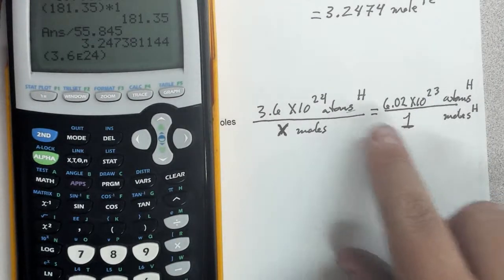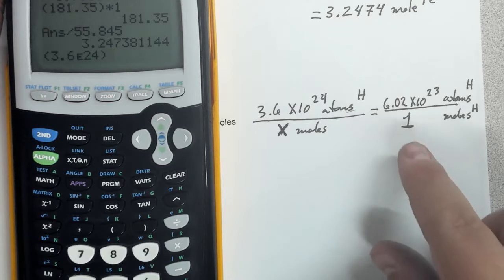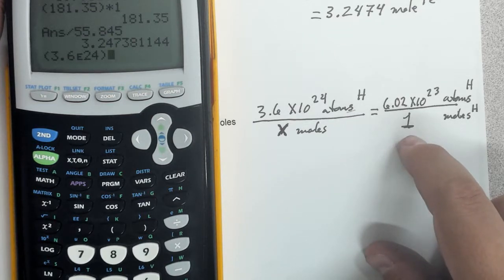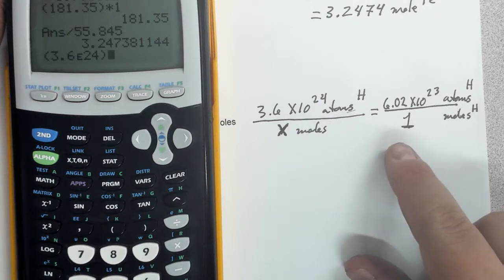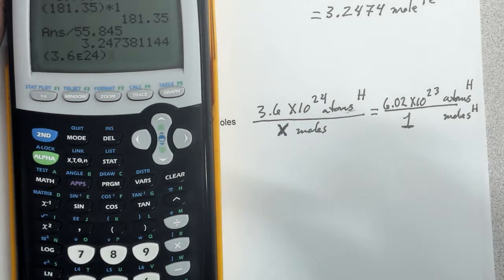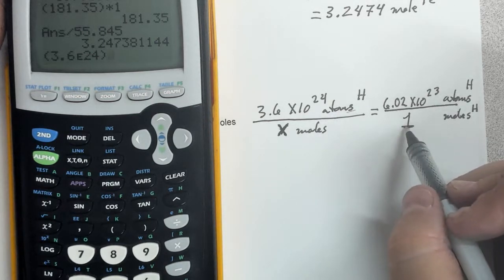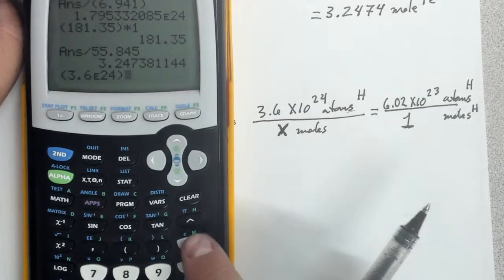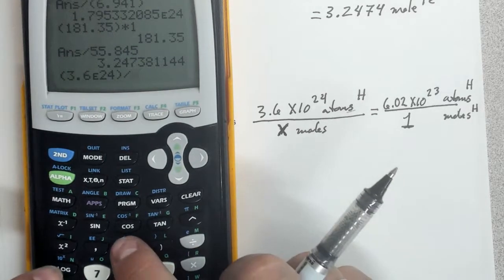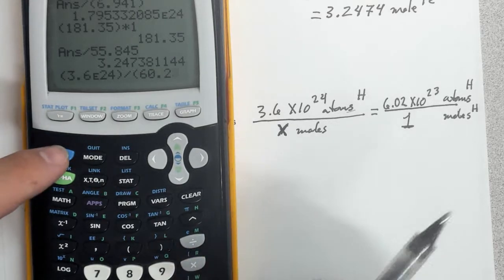I'm still cross multiplying and dividing. I'm multiplying by 1. Now, this step is important, but it's not necessarily important to show right now, because I know that if I have a number times 1, it's going to be the same number as what I started with. So I'm going to skip this step for right now. What I want to do now is divide by this number right here. So I'm just going to show that here. I'm going to hit my division button, open up a set of parentheses and type in 6.02.